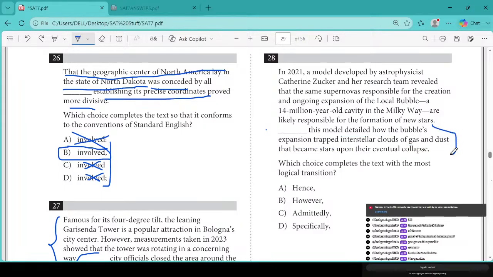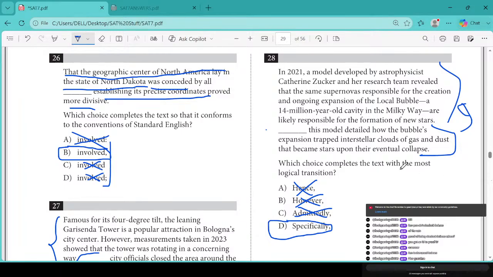So this right here is a more in-depth explanation of what the model is. It's expanding on the previous sentence, so it can't be admittedly or however. Hence is like cause and effect, and this did not cause this. So the answer must be specifically, because this is clarifying this.